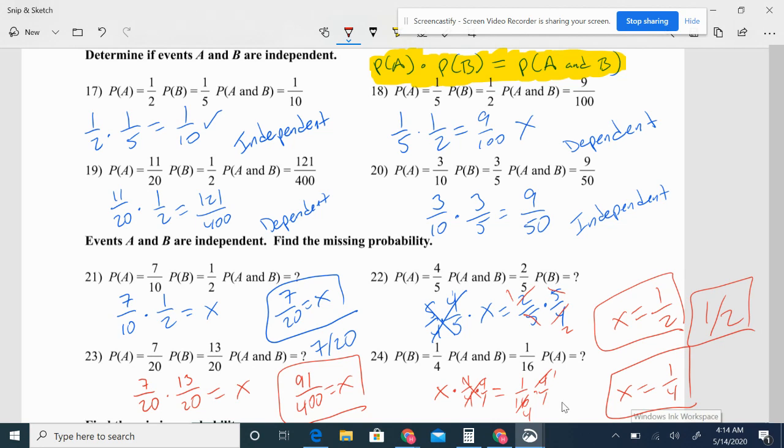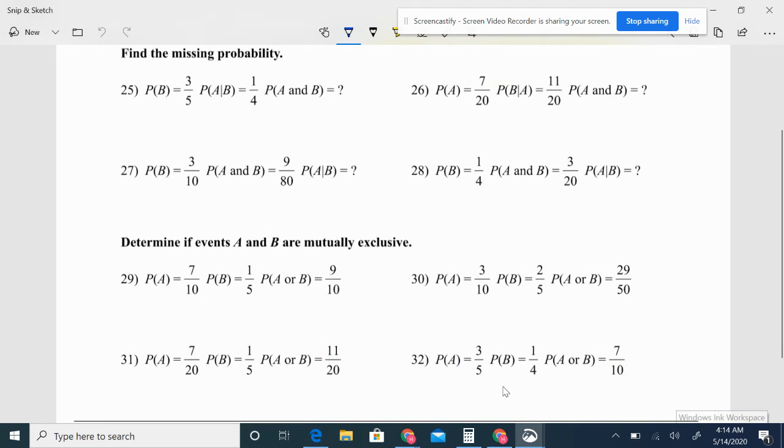Let's take a look at question number 25. Find the missing probability. Now here, I have something like probability of B, probability of A not B, probability of A and B. There's a couple formulas I'm going to use. I'm going to say that probability of A times probability of B not A is equal to probability of A and B. I'm going to use that if I have probability of A and probability of B not A, as an example, question number 26.